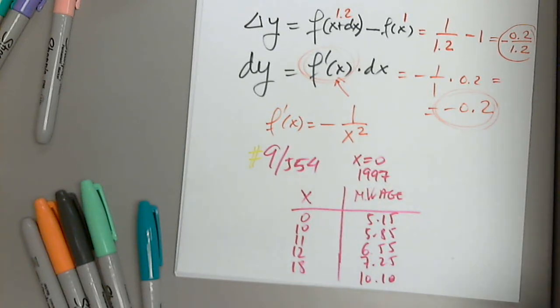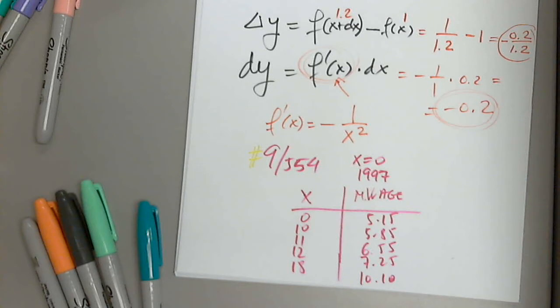Oh, of course I don't. Sorry. So 0, 10, 11, 12 years from 1997, and 18 years from 1997. Okay. So 1, 2, 3, 4, 5.